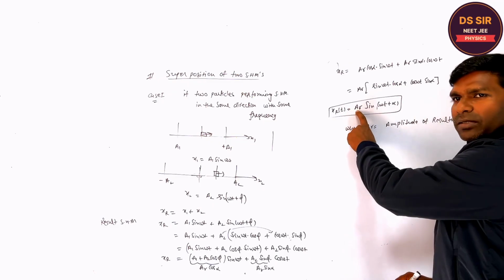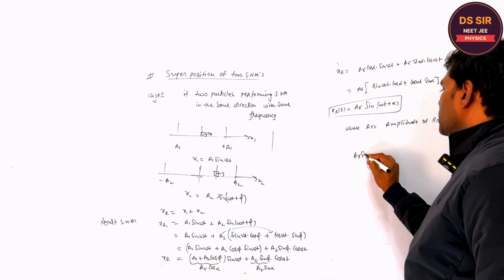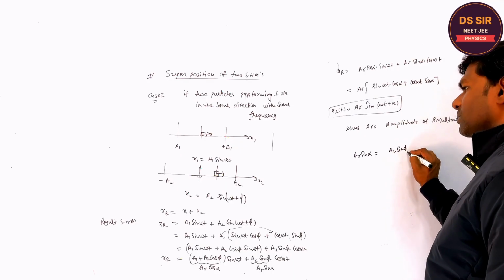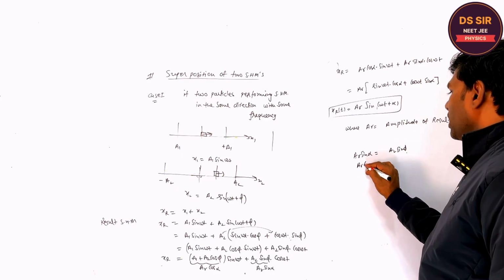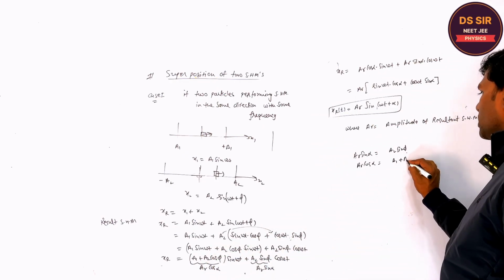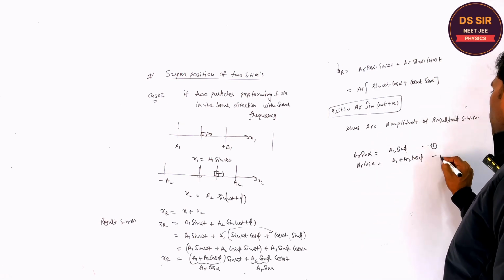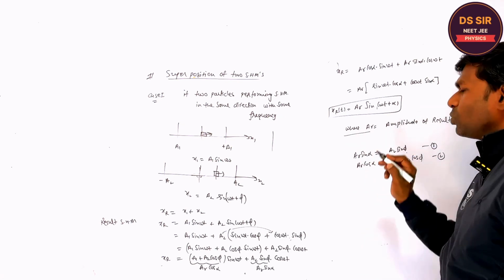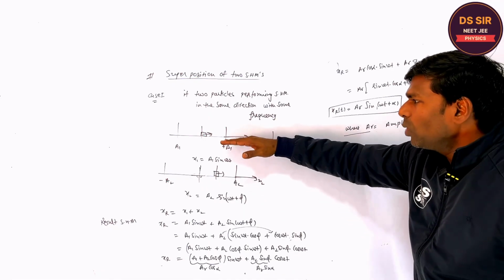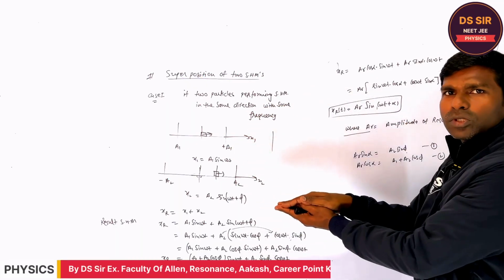This is the important thing. Listen: AR sin alpha is equal to a2 sin phi, and AR cos alpha is equal to a1 plus a2 cos phi. This is equation 1 and equation 2. Our motive is to find the resultant amplitude if two SHM having amplitudes a1 and a2 are superimposed.